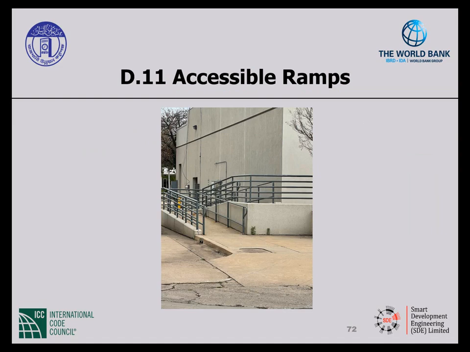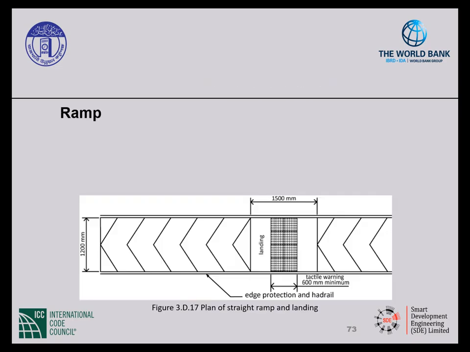Accessible ramps. Accessible ramps shall be used to provide connectivity between levels having height difference of more than 150 millimeters within a facility which is not served by an accessible lift. So if you remember, we talked about the slope of a ramp, and that should follow table 3.d.2, but in no case should the ramp exceed a slope of 1 in 12.